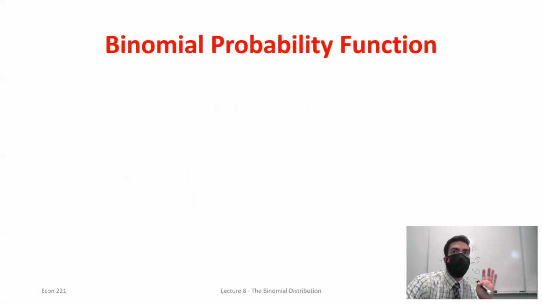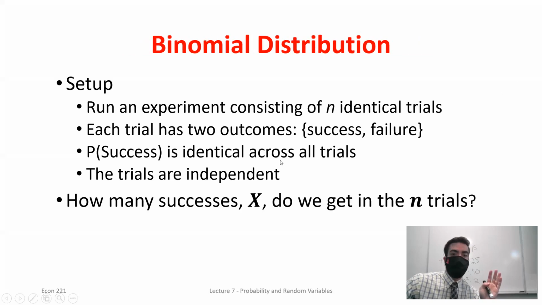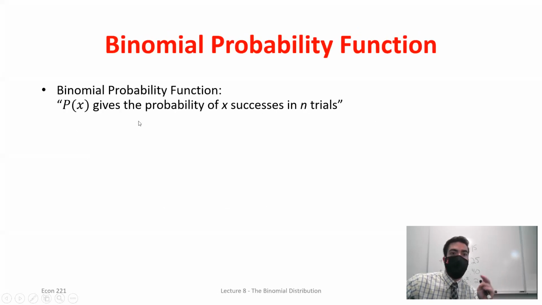If the example fits the binomial criteria, we have a function that would give us the probability of any number of successes that we're interested in. This probability is going to come from a probability mass function for a specific discrete random variable, which is binomial. So this probability will be the probability that we see X number of successes out of N number of trials.